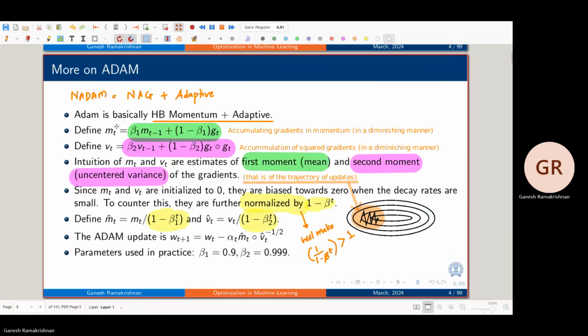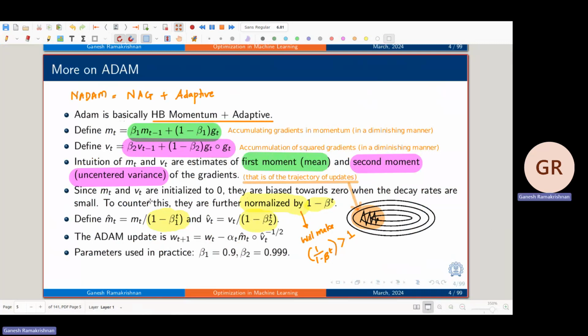So what you're accumulating are the gradients and the second order, the squares. So you're accumulating gradient and the squared gradients, both the mean statistic and the kind of variance, second order statistic, first and second order. So yeah, the green part is basically the first moment and the pink is the second moment.